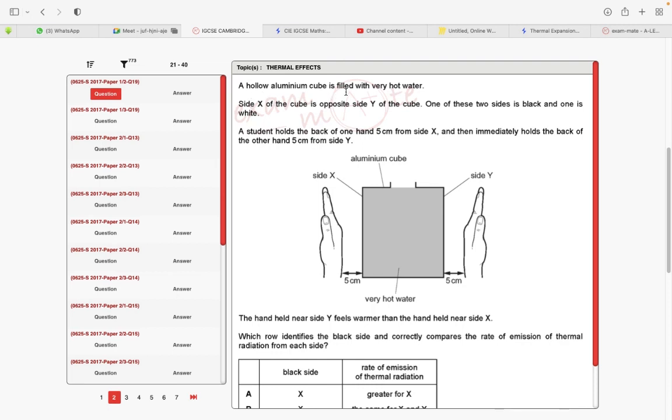A hollow aluminum cube is filled with very hot water. Side X of the cube is opposite side Y of the cube. One of the two sides is black and the other one is white. A student holds the back of one hand 5 centimeters from side X, and then immediately holds the back of the other hand 5 centimeters from side Y.